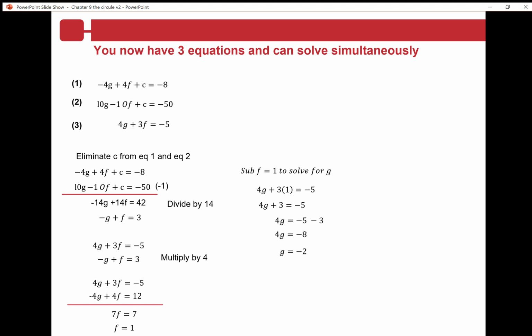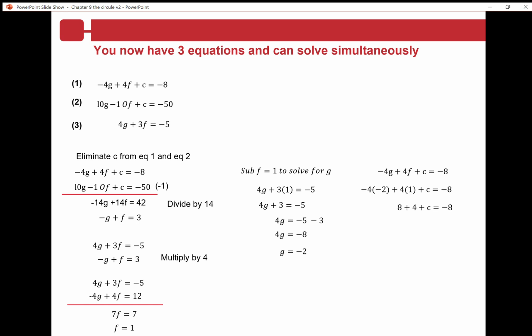I've now found my values for f and g, so I need to find my value for c by substituting my values for f and g into any of my original equations 1 or 2. Okay, so taking equation 1, minus 4g plus 4f plus c equals minus 8, and substituting in f and g gives us minus 4 times minus 2 plus 4 times 1 plus c equals minus 8.